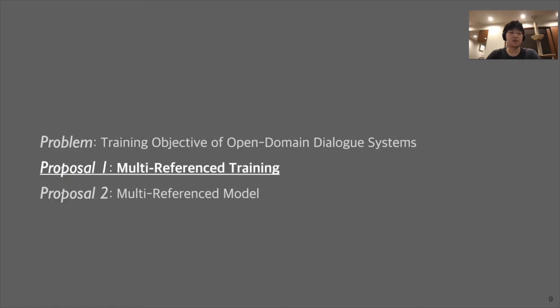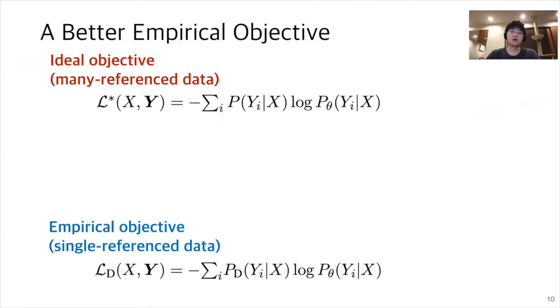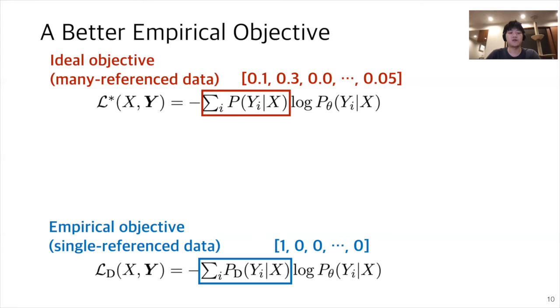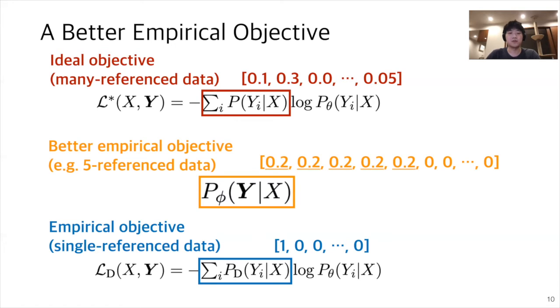To address this problem, we have our first proposal: to use multi-reference training. In the ideal objective, the probability distribution is more like a dense vector, where many values are non-zero. However, in the empirical objective, which is single-reference data, the probability distribution is a one-hot vector. So how about building something in between?